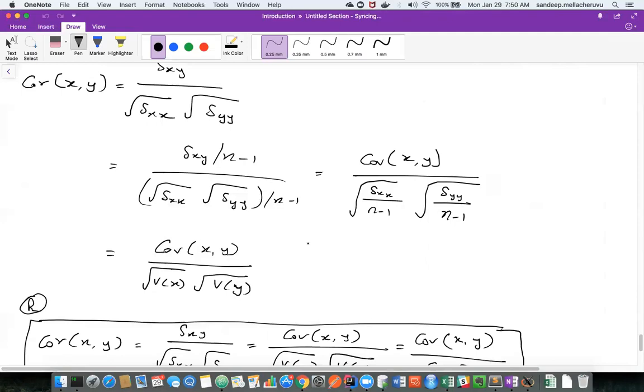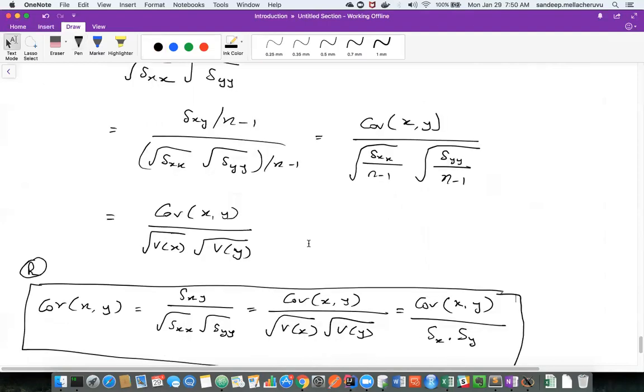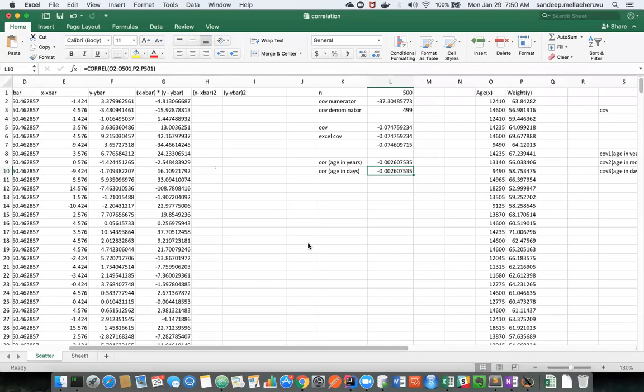Any questions? Yeah, so in this example, the correlation was negative 0.002. So from correlation, can we conclude that it is a negative relationship, or we cannot? We can. In correlation, the value is absolute, right? The value doesn't change.